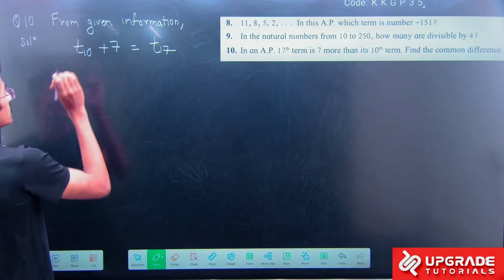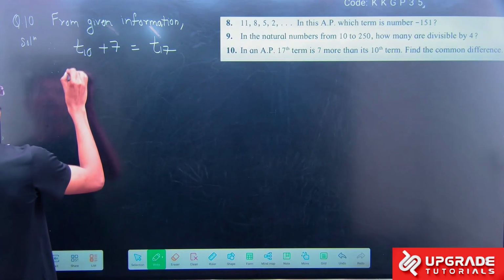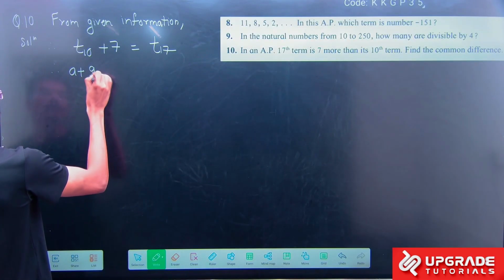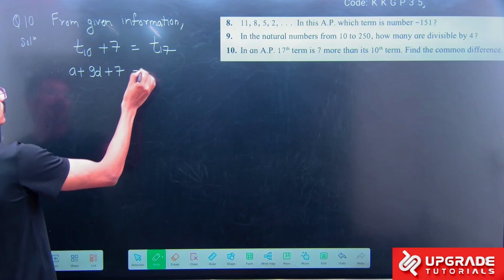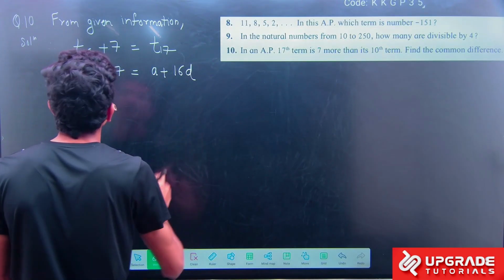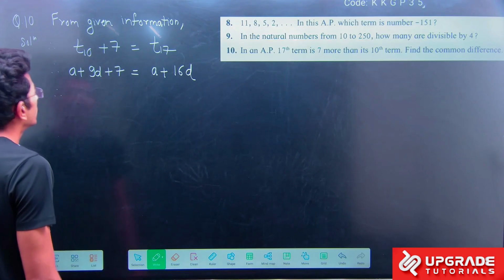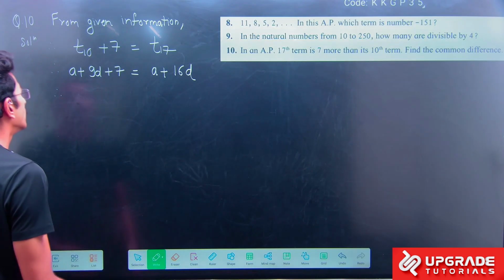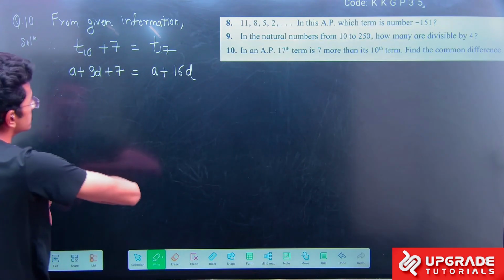So again, what is the 10th term? Yes, a plus 9d plus 7. What is the 17th term? a plus 16d. Therefore again we'll take all terms towards our left hand side.